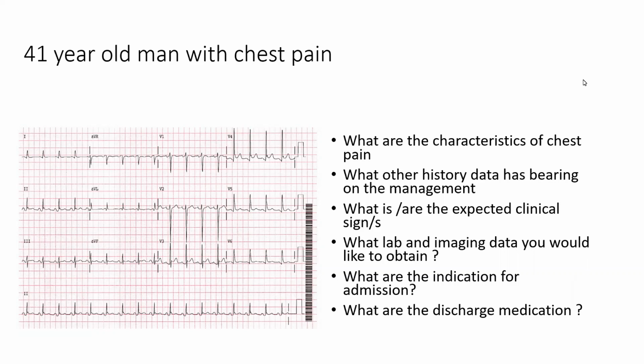I want to add a point. Here in Sudan, we have to think about tuberculosis in every case. So I want to also do a chest X-ray to rule out tuberculous pericarditis, which can be seen with calcification lesions.